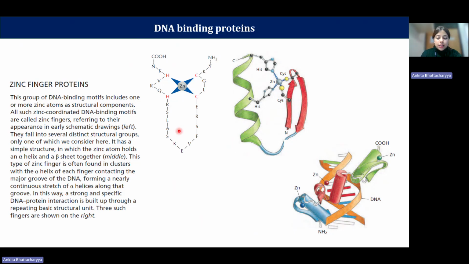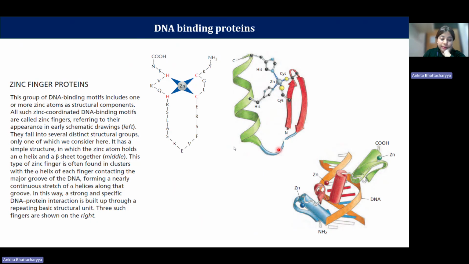The structure resembles that of a finger, at the center of which you have a zinc atom forming multiple coordination bonds with C and H residues, the cysteine and histidine amino acids. This coordination complex stabilizes the entire structure.